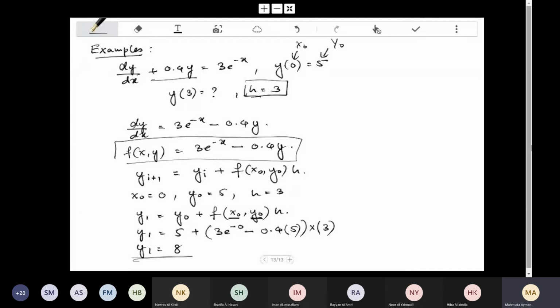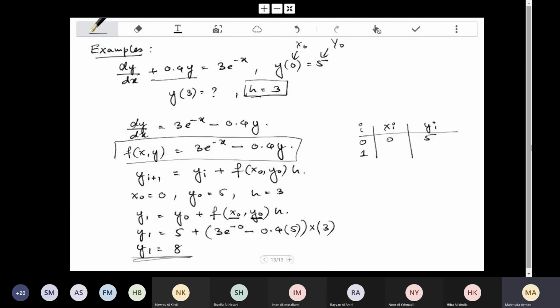And now let's write it in a table form to get clear whether we got y of 3 or not. So we have here i, x_i, and y_i. When i is equal to 0, x0 was 0 and y0 was 5.